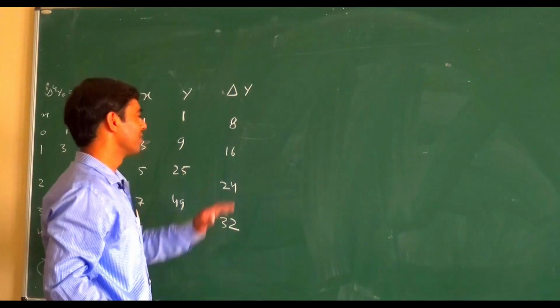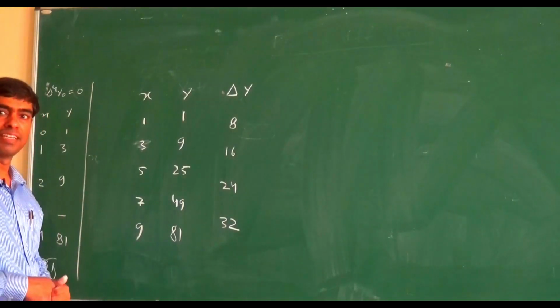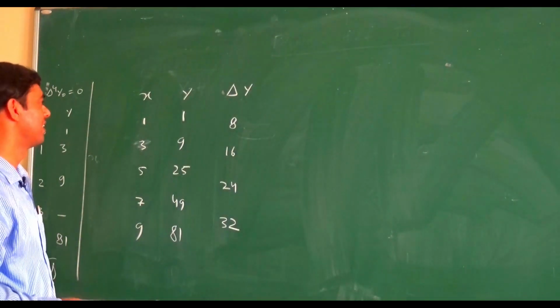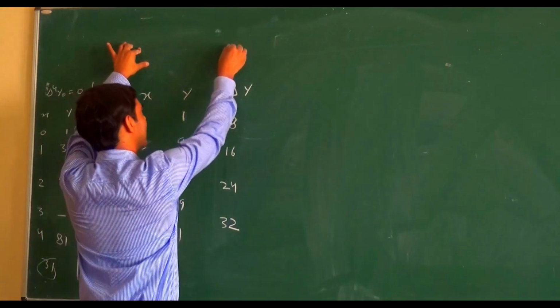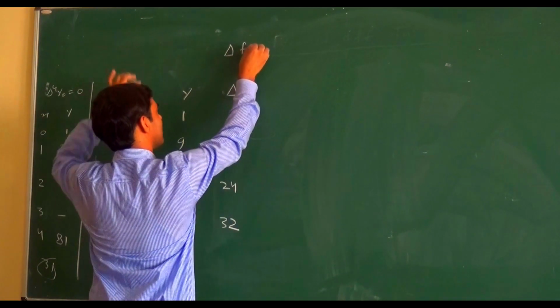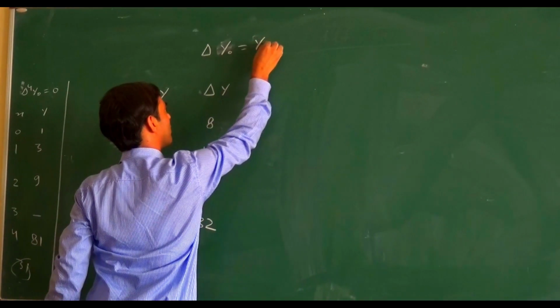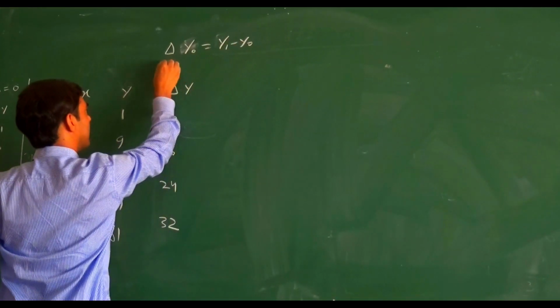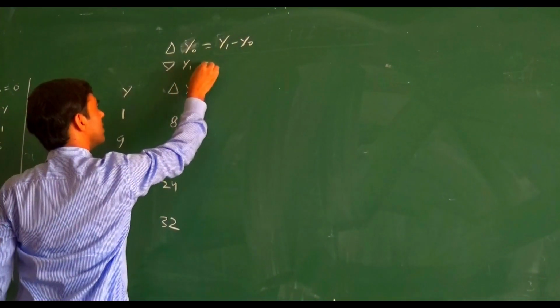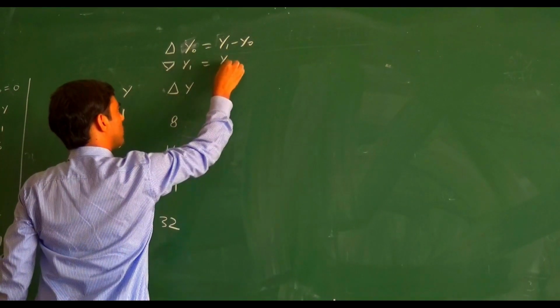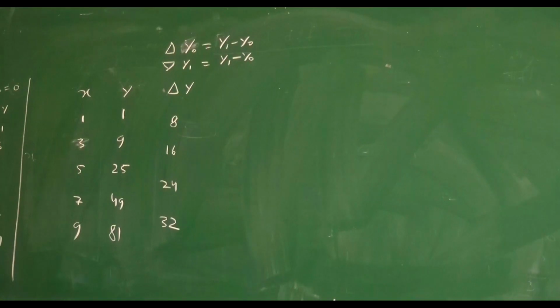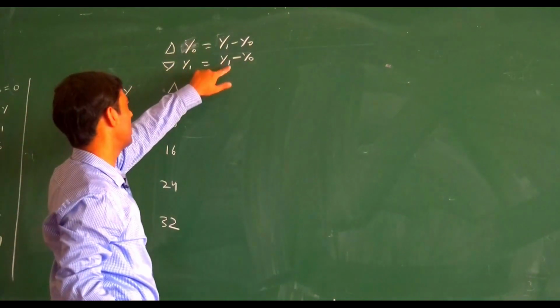Okay, so this one is a first order forward difference. Because del y0 is y1 minus y0, and del y1 is also y2 minus y1.